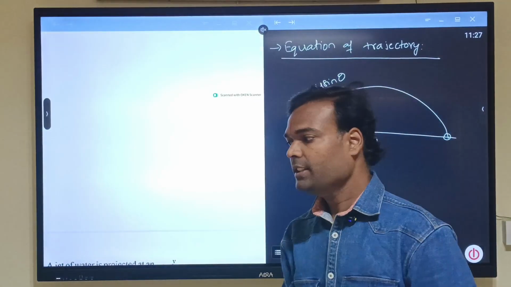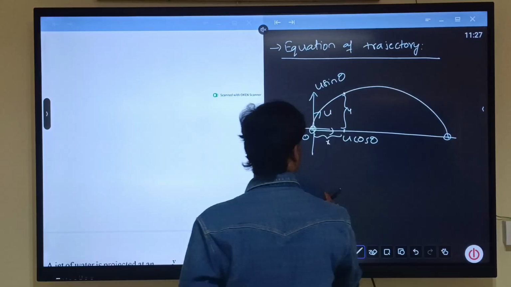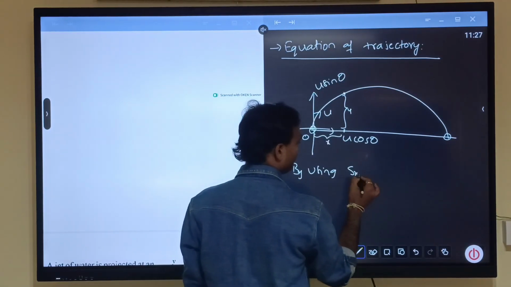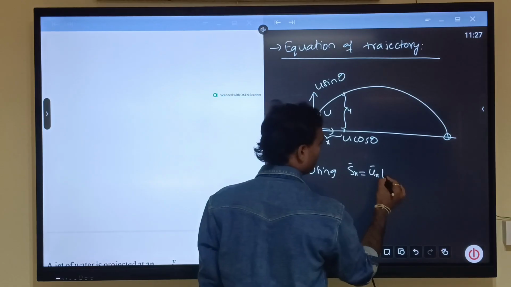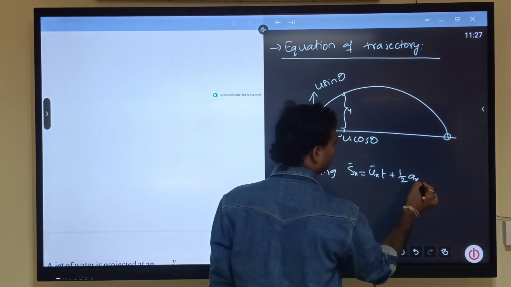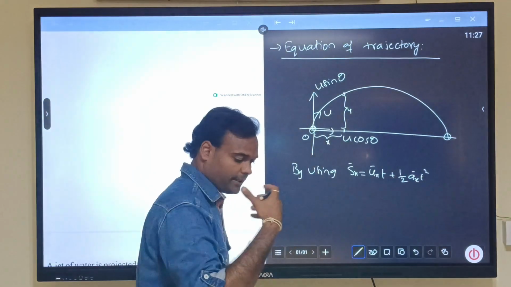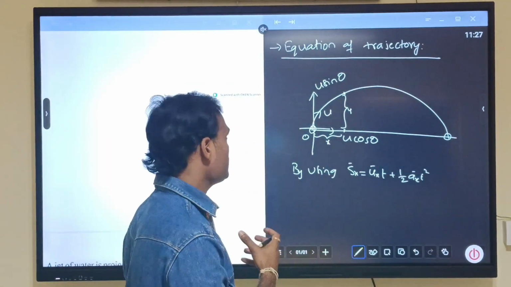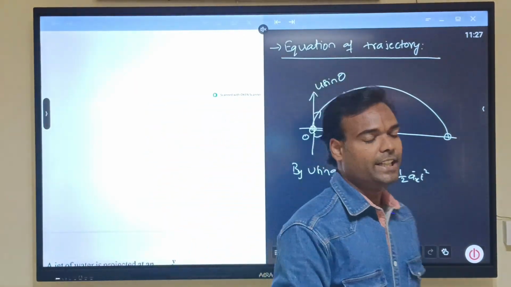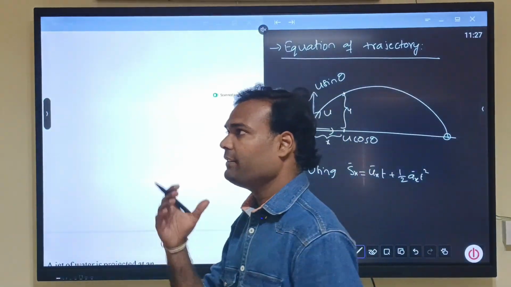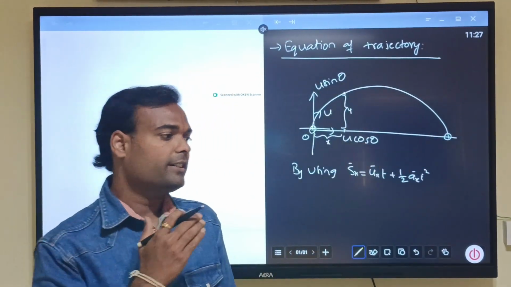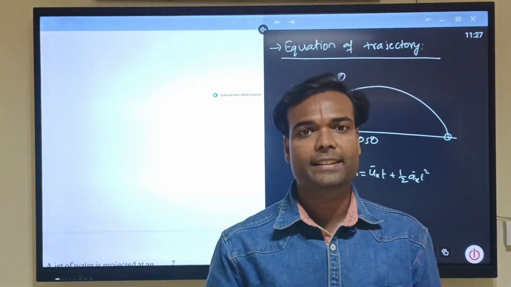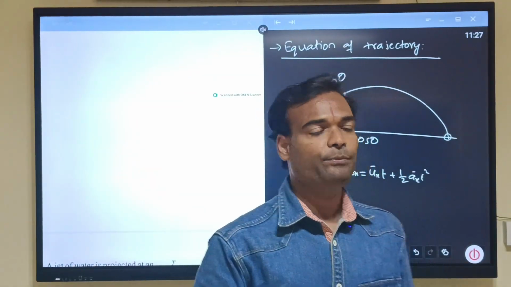Clear? Then next point, see, by using Sx is equals to ux t plus half ax t square, what I am going to represent is the trajectory equation for projectile motion. And in our first class of kinematics we have seen what is trajectory. Representation of an equation in terms of y and x is known as trajectory equation, right?